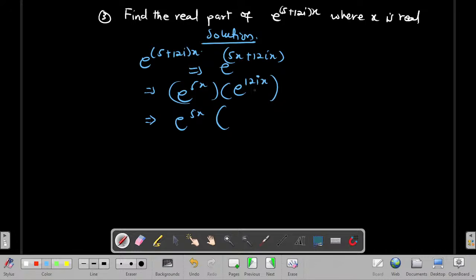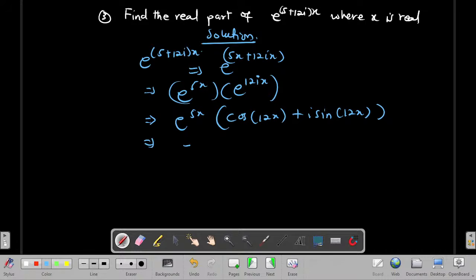And this expression here is a complex number in its polar form, so I can break this down. You have this to be cosine of the expression 12x plus i sine of the expression 12x. Now what follows? You have to simplify.